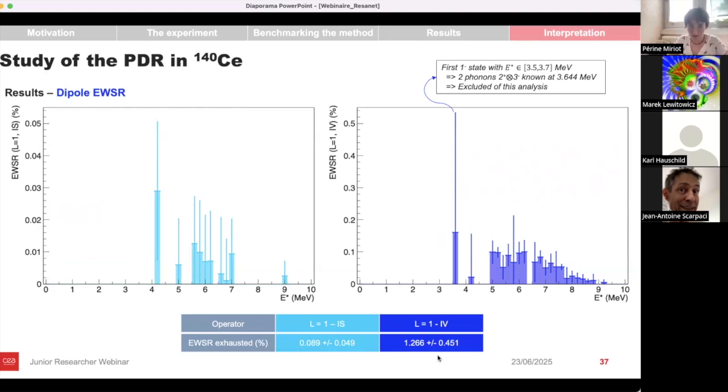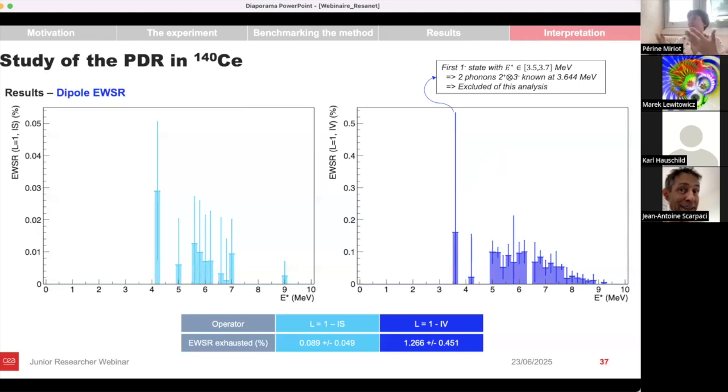And you have here the values that were extracted. You see that the energy weighted sum rule exhausted for those low-lying 1- states corresponds to a few percent of the energy weighted sum rule, which is what is expected for the pygmy states. So up to now, we are coherent with the definition of the PDR.